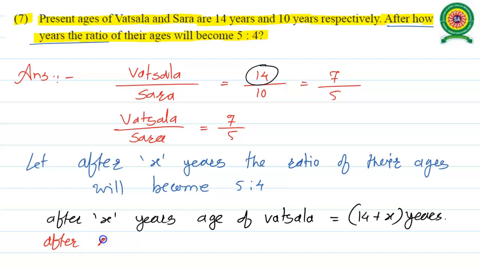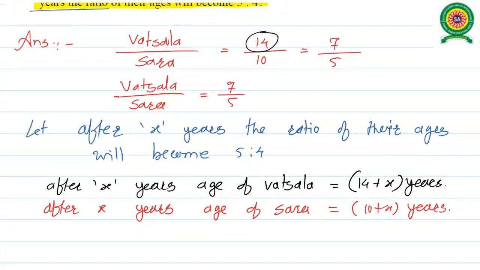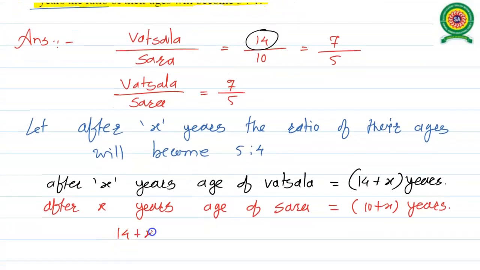After X years, the age of Sara is equal to 10 plus X years. Now we are given that the ratio of their ages after X years, that means 14 plus X divided by 10 plus X, is equal to 5:4, that is, 5 divided by 4.